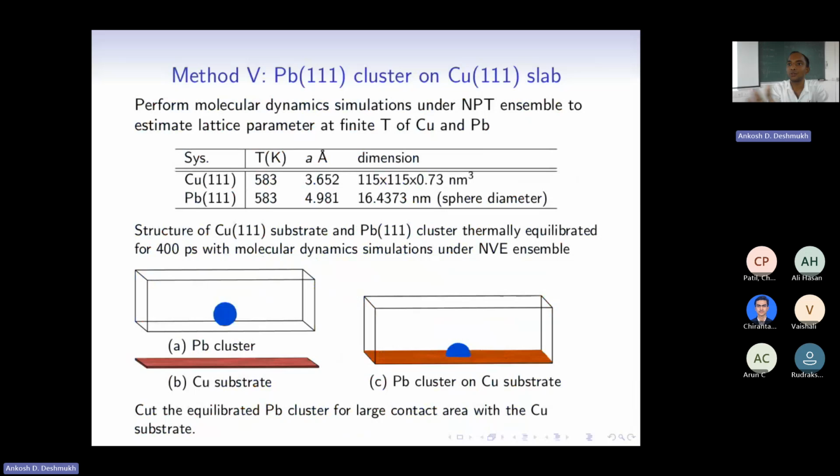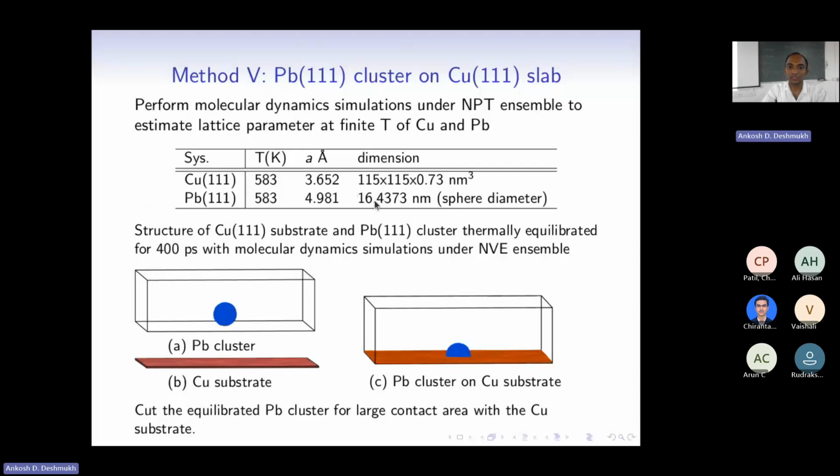In which we have the solidified drop. Here the drop is a lead system, and that drop we placed on the substrate, and that substrate is copper. First we will discuss Pb 111 clusters. It is nano size, a nano size drop.